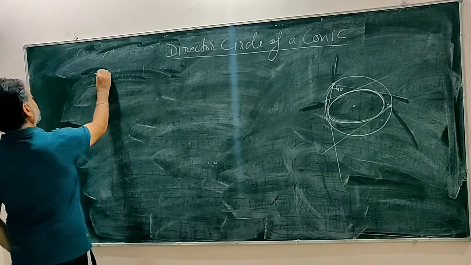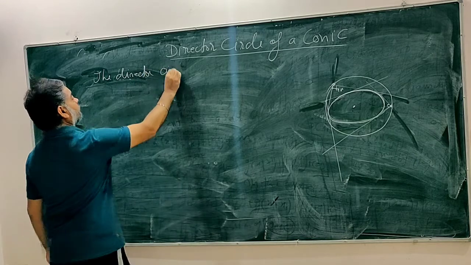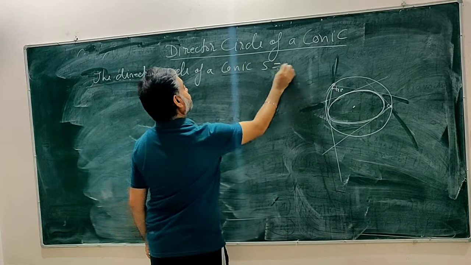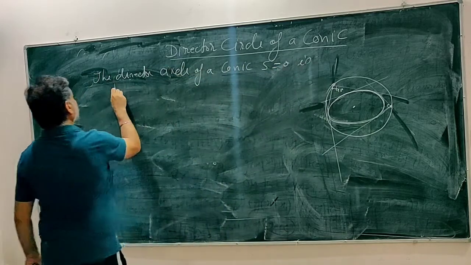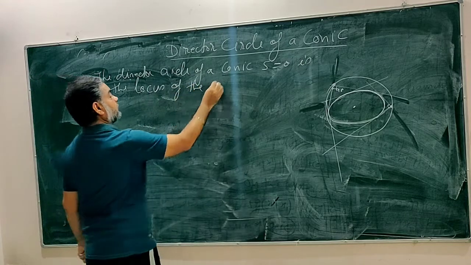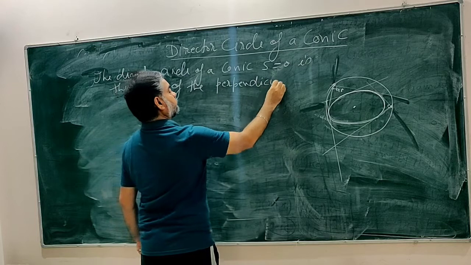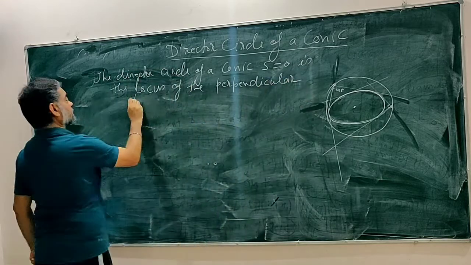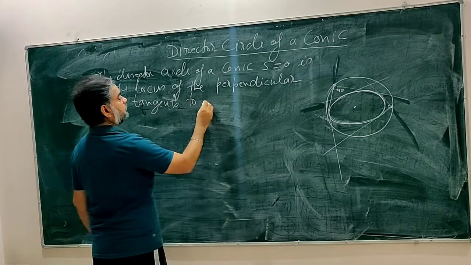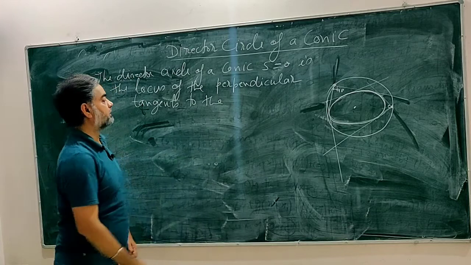So the director circle of the conic S equal to 0 is the locus of the perpendicular tangents to the conic.